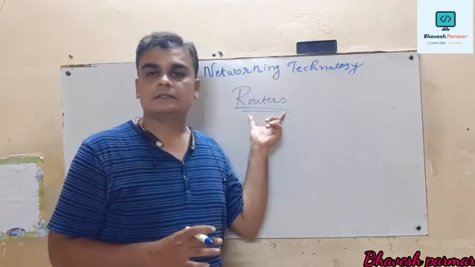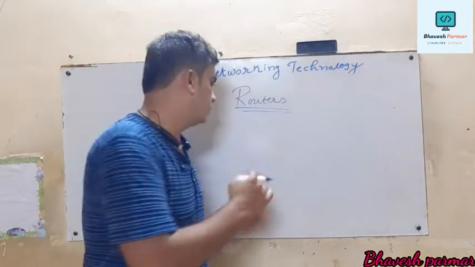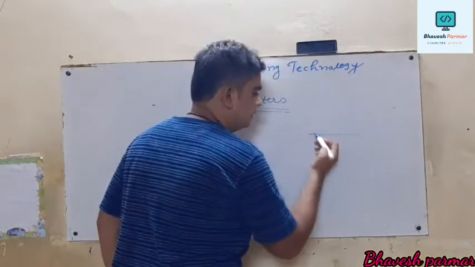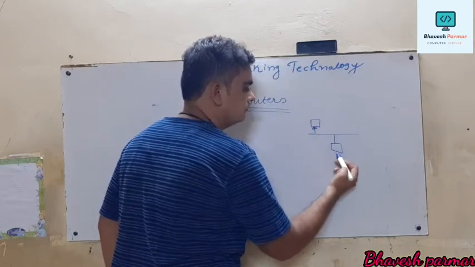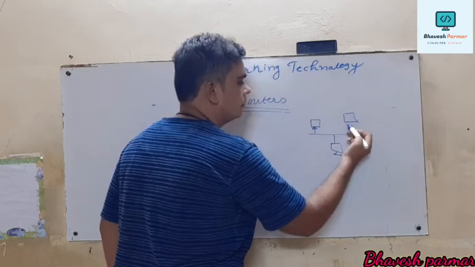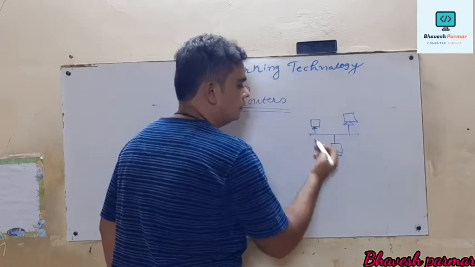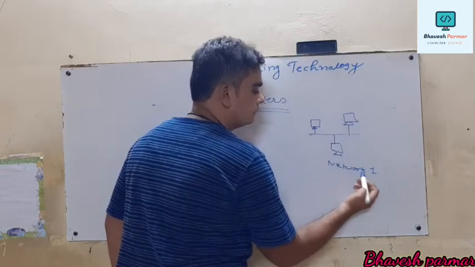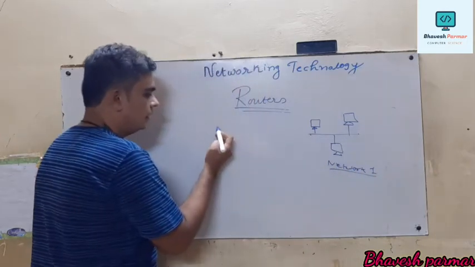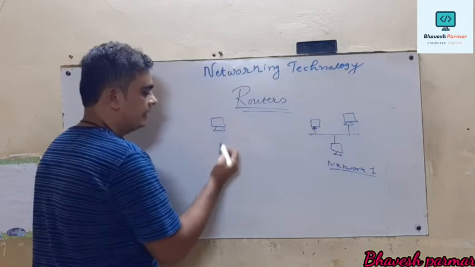So if we try to draw the diagram of this router, it is just like this. This is my network 1, and here is my another network.